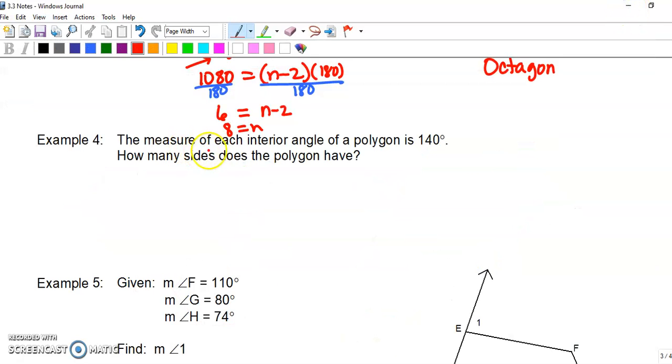So, when I'm looking at this one, the measure of each interior is 140. I'm just going to draw one corner of the polygon. There's more polygon out here, but I don't know how many sides to draw. If this is 140, and I extend that and make an exterior, how big does this exterior have to be? That's a linear pair, so it has to be 40.